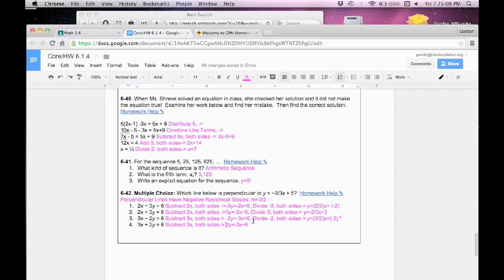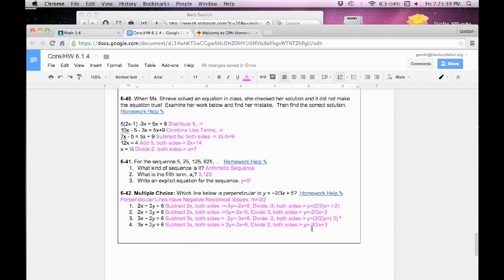And when we divide, we'd be dividing by positive 2, not negative 2. And what that yields is y equals negative 3 over 2 x plus 6 divided by 2, which is 3.